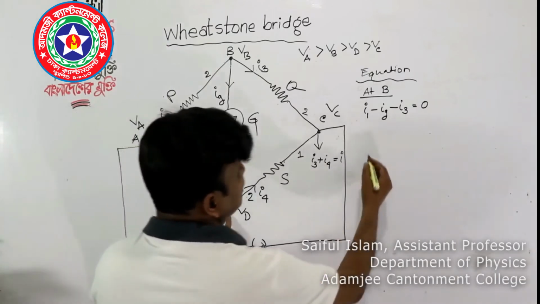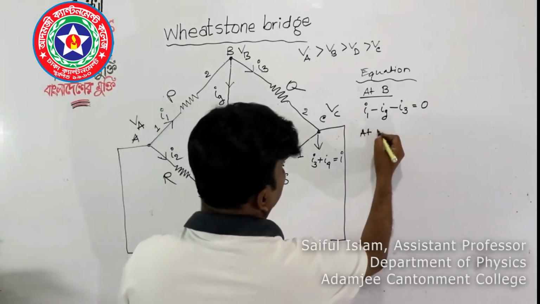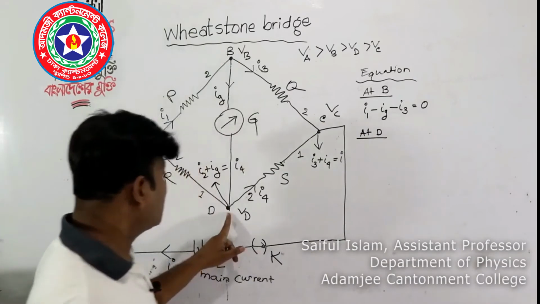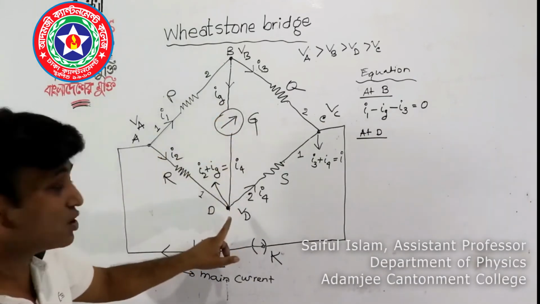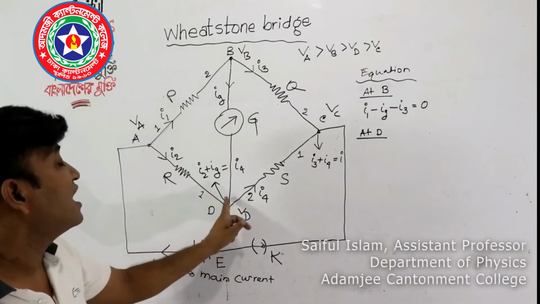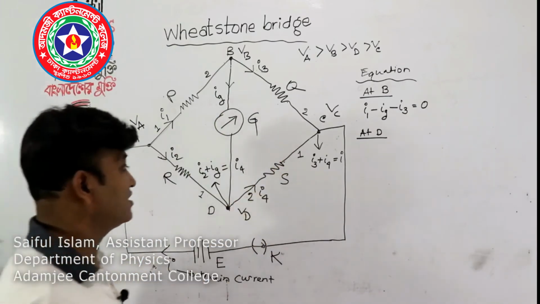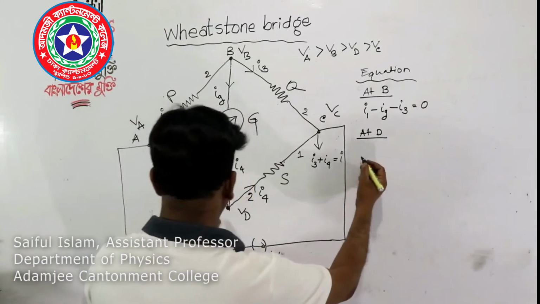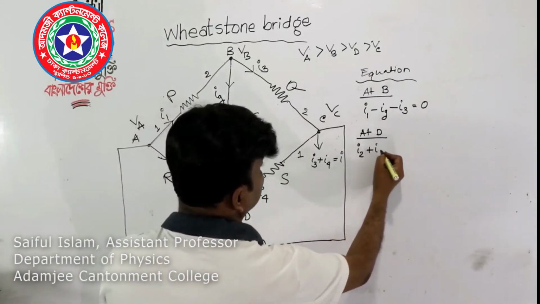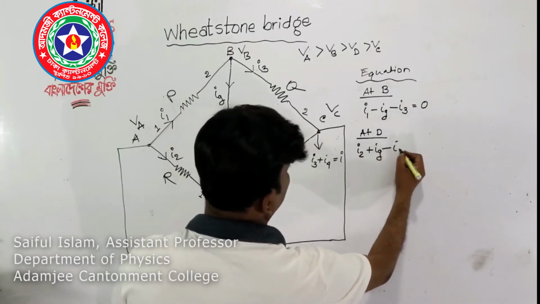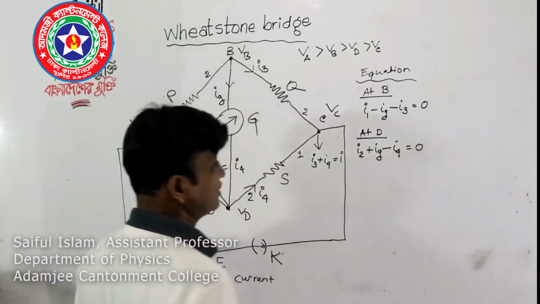Again at point D, we can use the junction law. Here I2 is incoming current, Ig is also incoming current, but I4 is outgoing current. That's why we can write I2 plus Ig minus I4 equals 0.